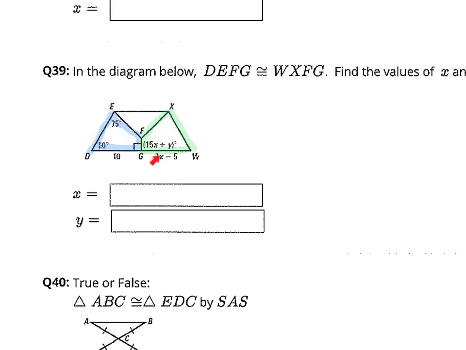Okay, but first we need to know x, so let's start with x. So 3x minus 5. He corresponds with who on the other shape? You should be saying 10, so they're equal to each other. So solve for x. All right, and then plug him in here. Take 15 times whatever that is, and then take this plus y and set it equal to 90 degrees, and solve for y.